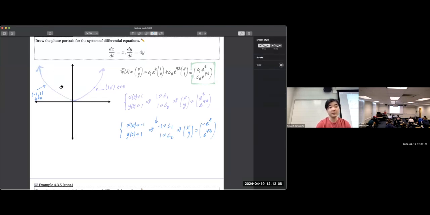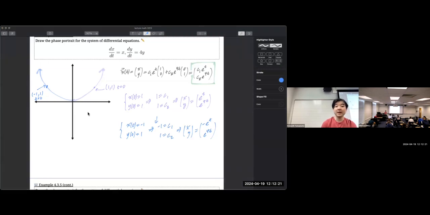Okay, basically, it's just going to be a parabola, like this. Now I could do the same thing over in these regions where I set initial conditions to be like -1, -1, -1, -1, but the same process will show that the solution trajectories in these regions will look like this.